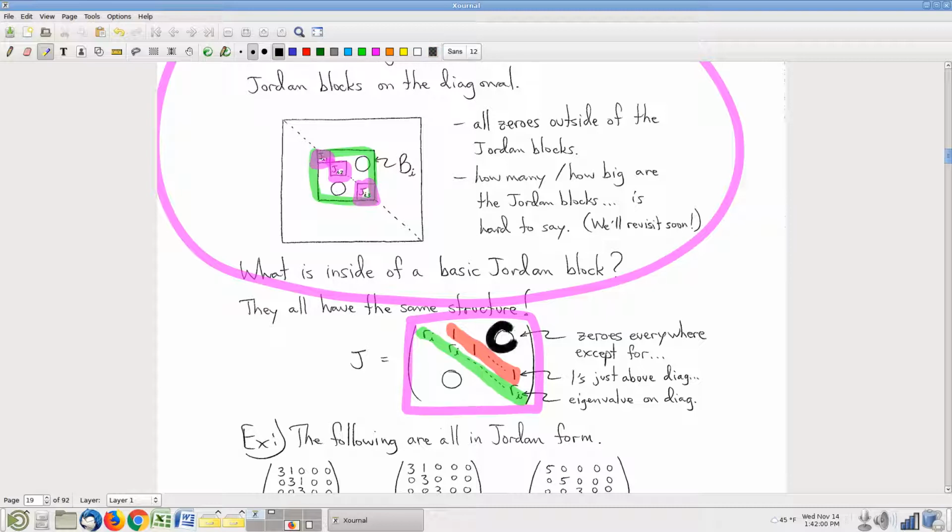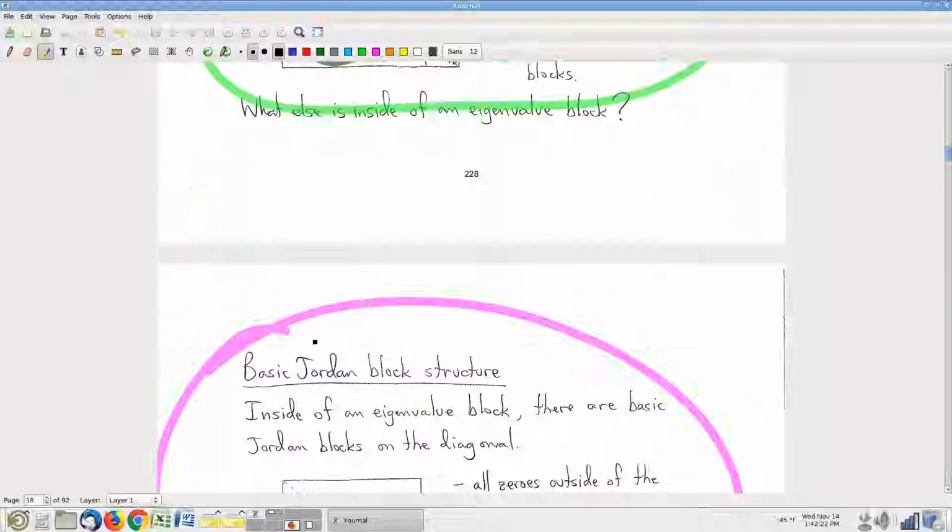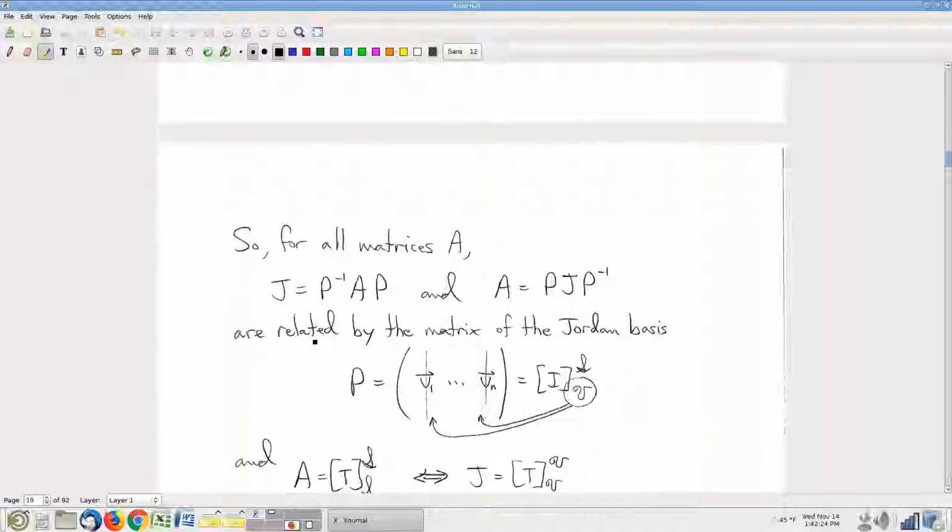Everywhere else inside of a basic Jordan block, all zeros. Everywhere inside of the eigenvalue blocks, outside of the basic Jordan blocks, all zeros. And everywhere outside of the eigenvalue blocks, all zeros. So Jordan form has a lot of zeros in it, which is super. Zero is a very convenient number. Okay, we saw some examples.